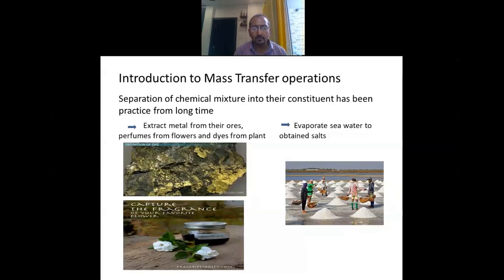Distillation of liquor. Even when chemical engineering was not in existence, these extractions were carried out, like evaporation of seawater to obtain salts. So mass transfer operations or separations are done from ancient times.